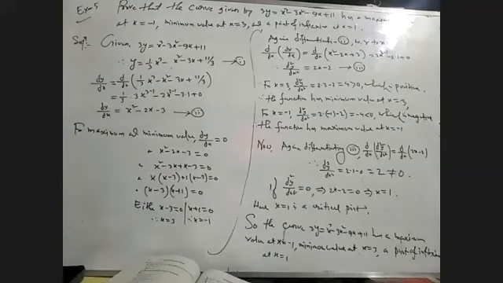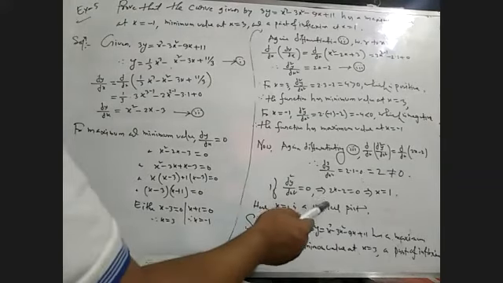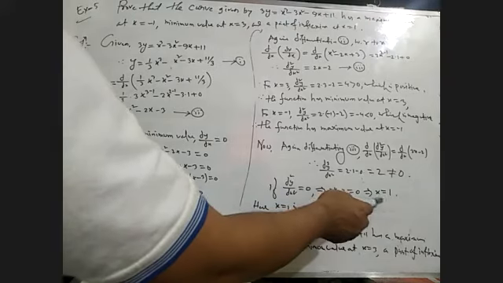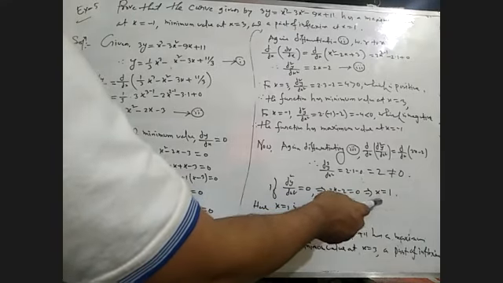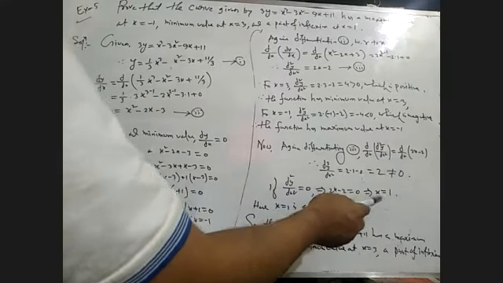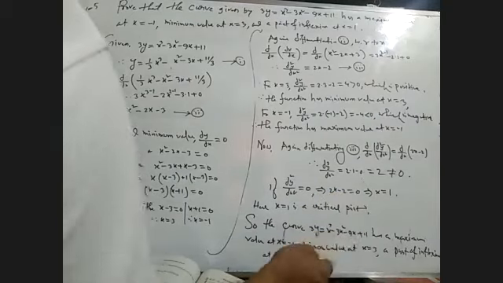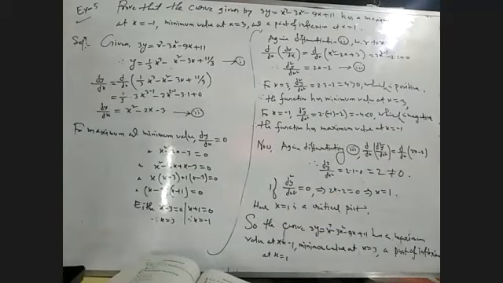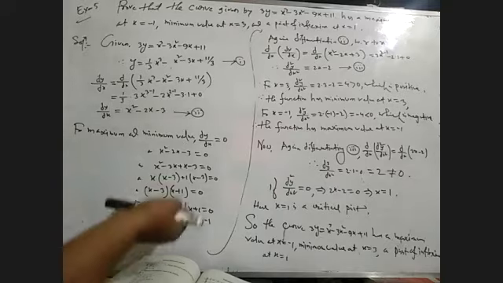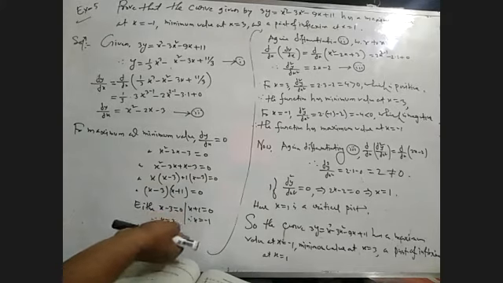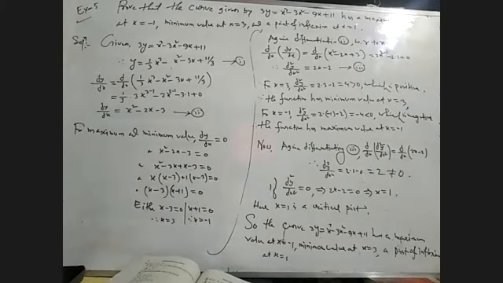That means at x equals 1 the function has neither maximum nor minimum. You must know by the definition that the point where the function has neither maximum nor minimum value is called an inflection point, and the point which has a maximum or minimum value is called a critical point. Remember it.